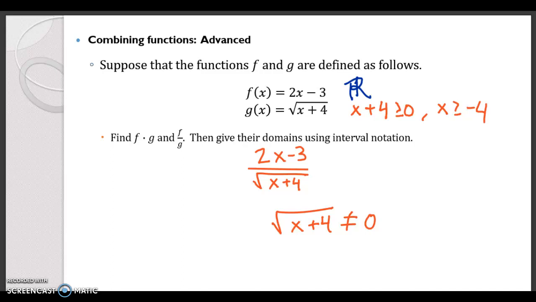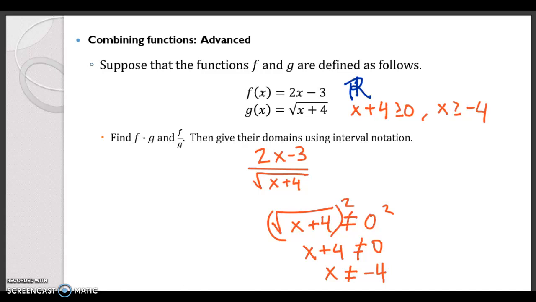So, how do I solve this? I square both sides, get rid of that square root, and I say, okay, x plus 4 cannot equal 0. So x cannot equal negative 4. So, how do we find the intersection of all of this?